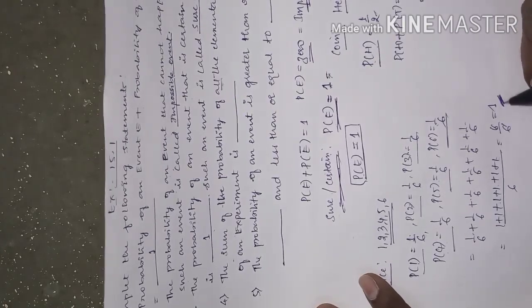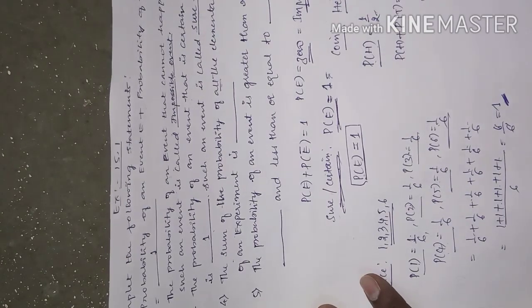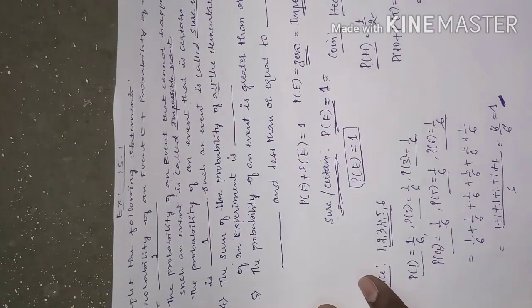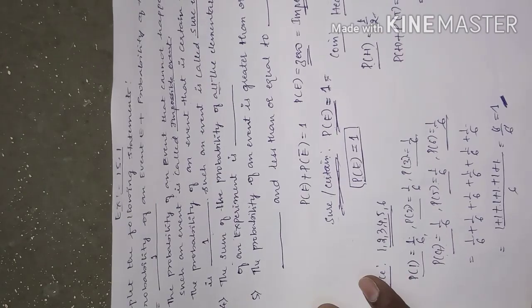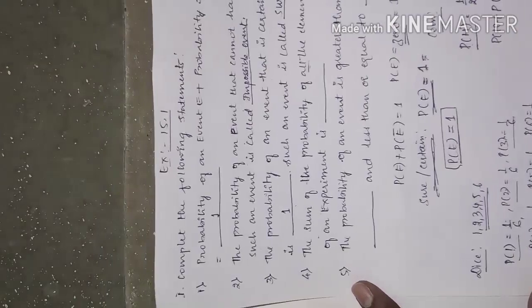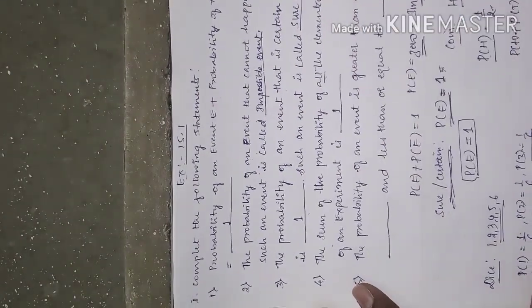See, the result is 1. Any experiment you do, the sum of all elementary events will always be equal to 1. Clear with this? Okay, fine.